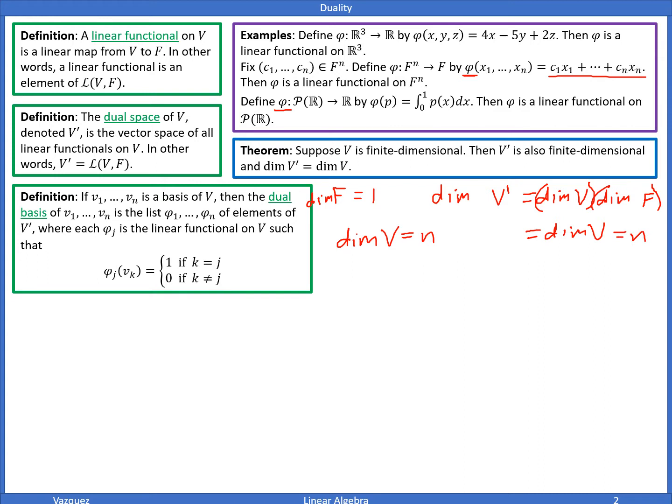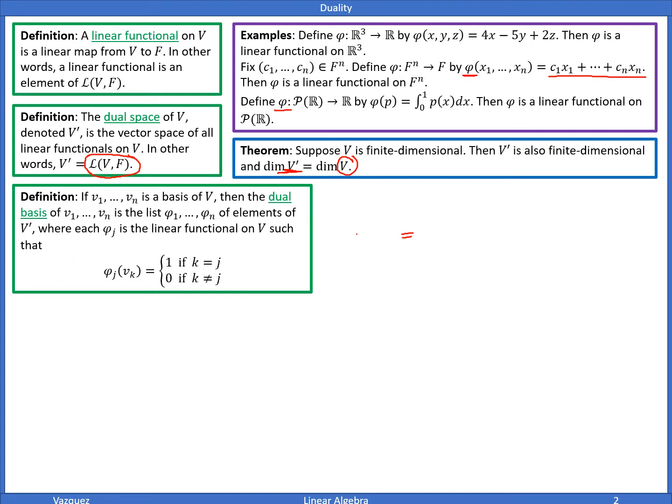Right, so here the dual space V prime is, again, the set of all linear maps from V to F. And here, V is just a vector space V. But those two have the same dimension because of the theorem that told us, I actually didn't state the theorem right, but let me state that theorem.